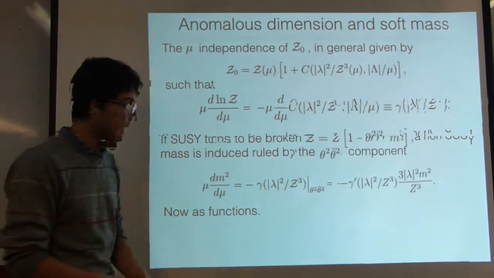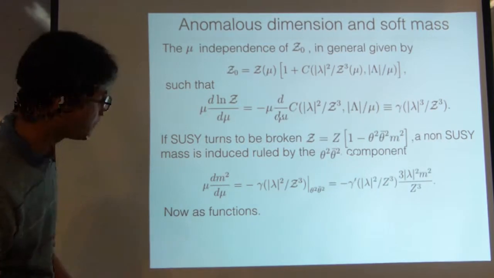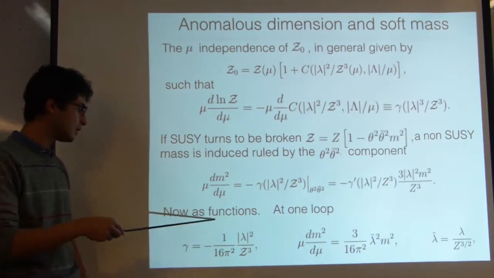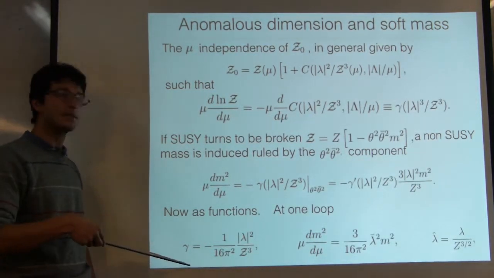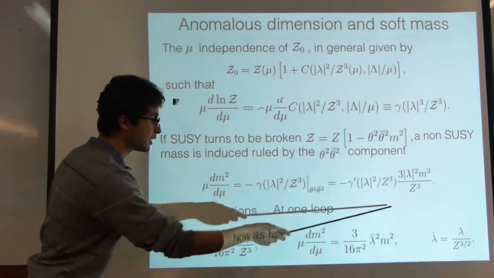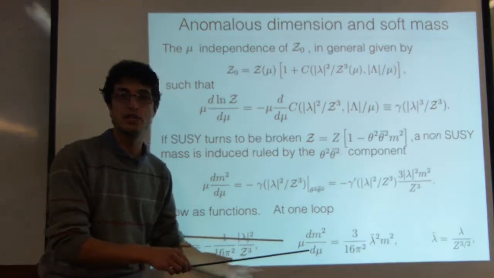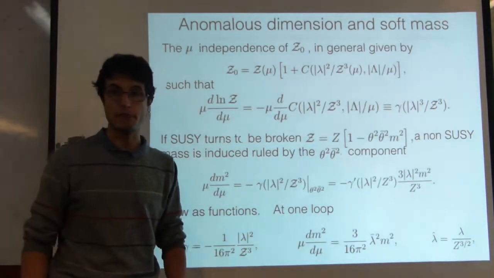And now these are functions, they are not superfields, and we computed, for example, the one loop for this theory, and we get this. So now we can extract this expression, and we get the RG equation for the mass, the soft mass in here.